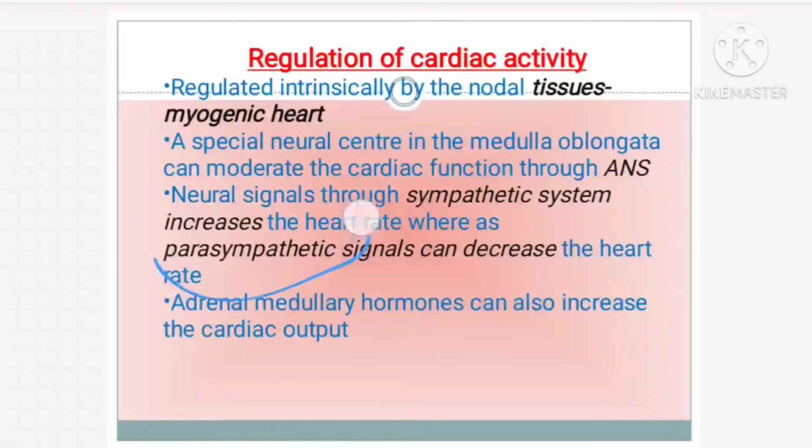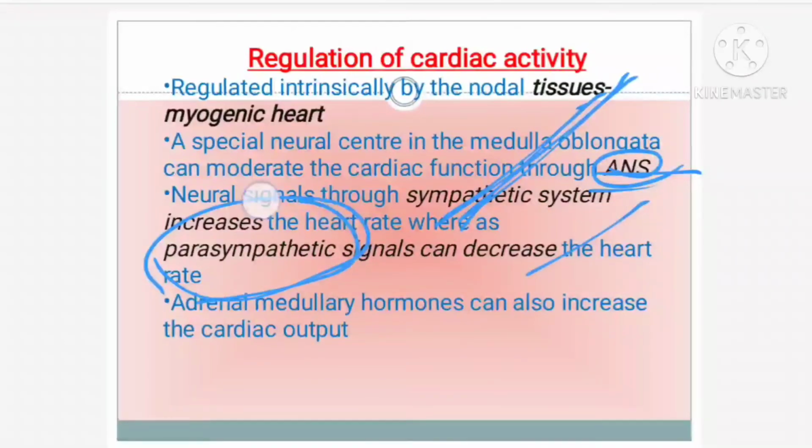The parasympathetic nervous system. So the autonomic nervous system can increase the heartbeat through the sympathetic nervous system, which plays the major role for that, and it can decrease the heart rate, and who plays the major role there? The parasympathetic nervous system.